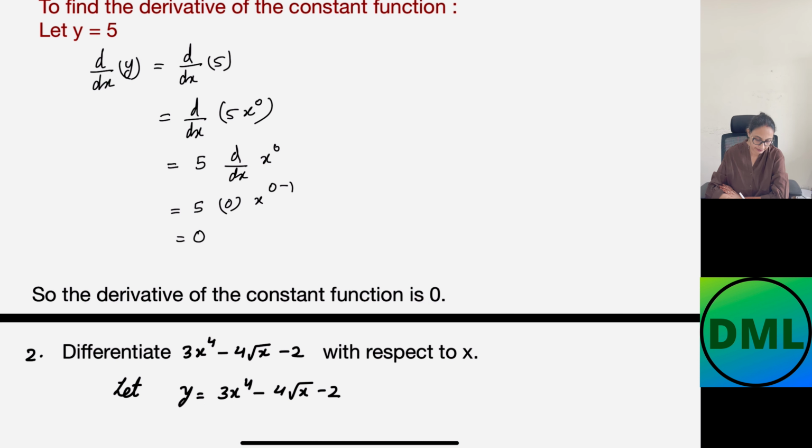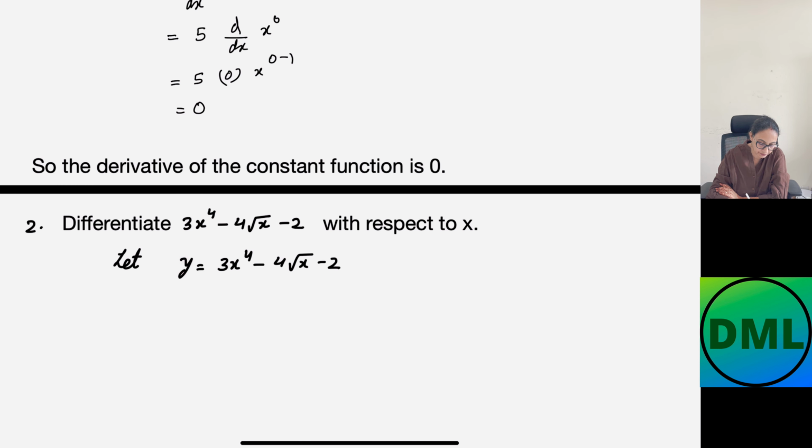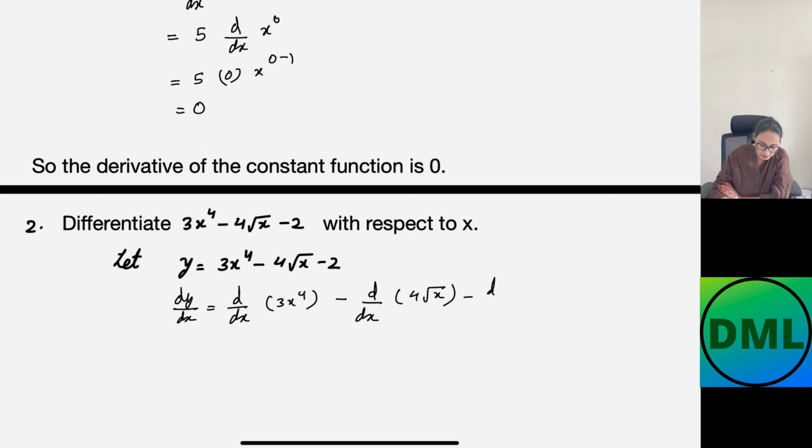Let's see one example here. Differentiate 3x to the power 4 minus 4 root x minus 2 with respect to x. Let's suppose this function equal to y. I have to differentiate y with respect to x. Let's differentiate it. dy by dx is given by d by dx of 3x to the power 4 minus d by dx of 4 root x minus d by dx of 2. 3 is a constant term.